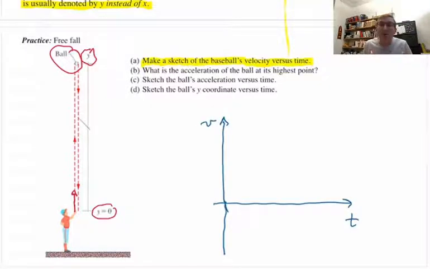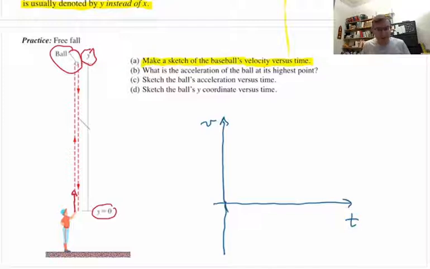Take t equals 0 to be the moment when the ball is released. So what I'd like you to do is, in a moment here, pause the video, get yourself a piece of scrap paper, and try for yourself the sketch and see what you get, and then when you're ready, unpause it and come back and we'll discuss.